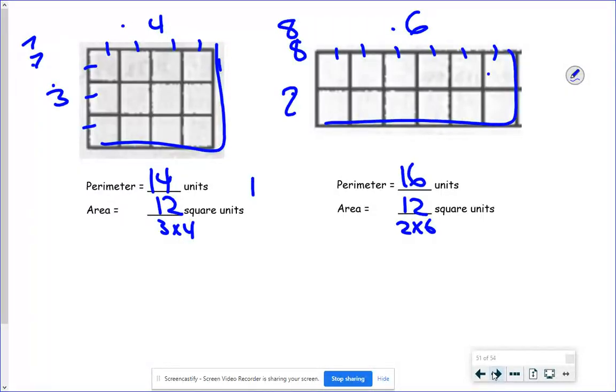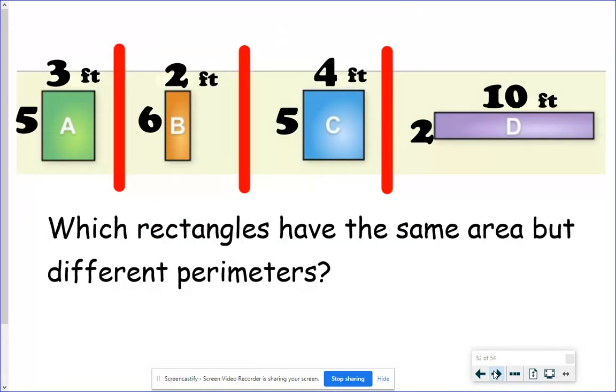So the perimeter of shape A is less than the perimeter of shape B. 14 is less than 16. It's 2 units smaller. The amount of space on the inside is the same.